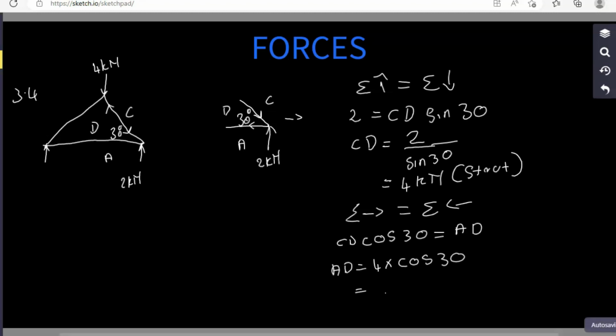And this will give us our AD as 3.464 kilonewtons. This answer is positive, therefore our direction is correct. We mirror it, giving us a tie.